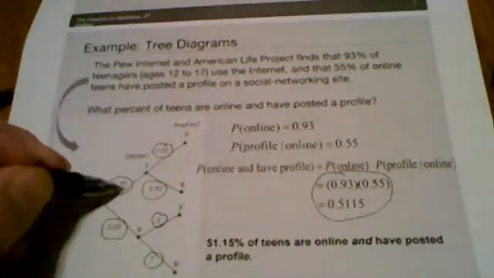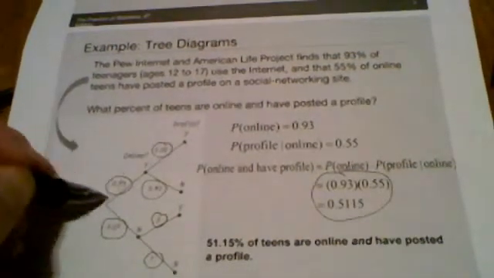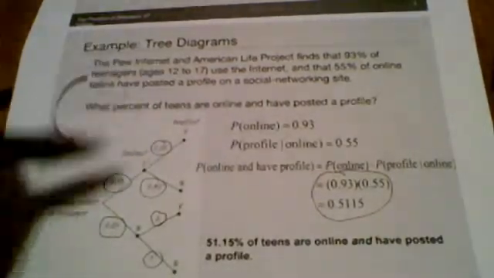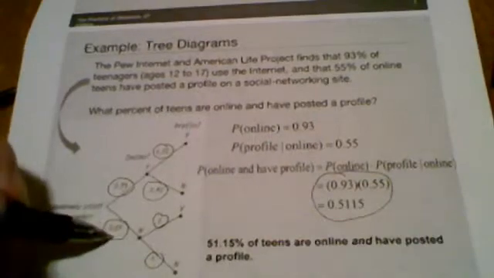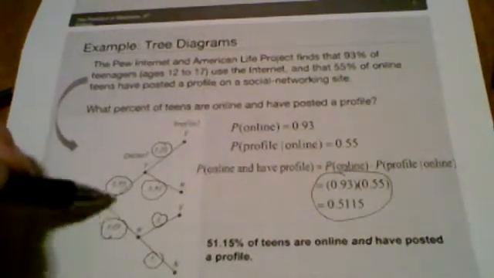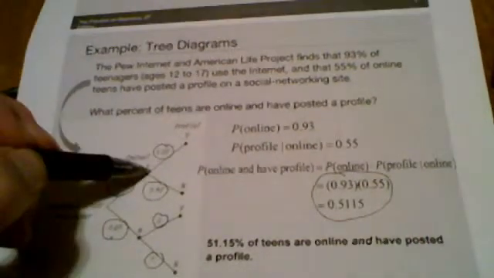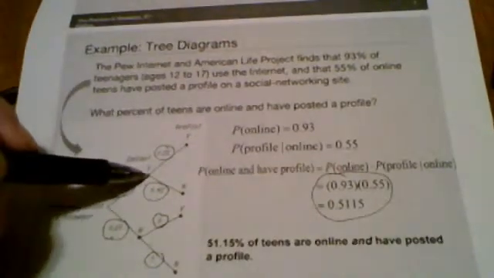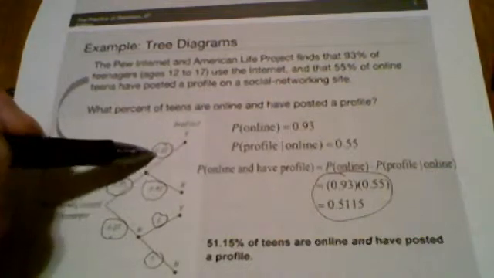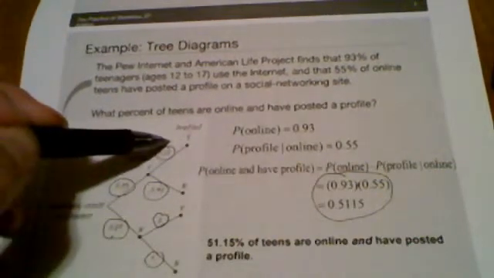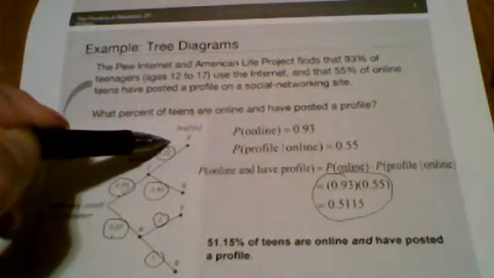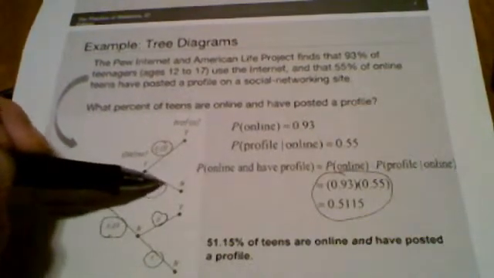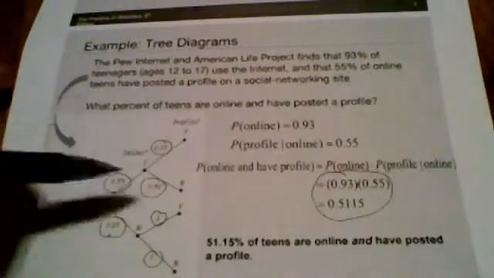Now 93% are online, so 0.93 are online. It's said in the problem, which means 7% are not online. So that's what we have in our first column here. Now in the second set of branches, if they are online, then 55% of those have created a profile on a social networking site, which would mean 45% of those have not created a profile on a social networking site.